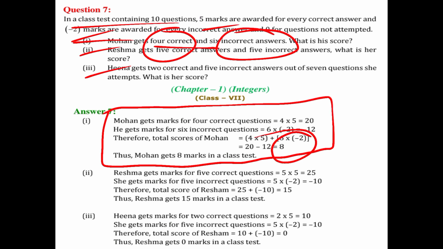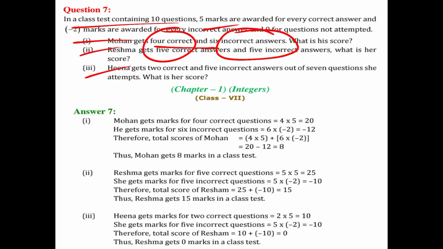Right. Now the second part is: Reshma gets 5 correct answers and 5 incorrect answers. So the number of correct answers and incorrect answers is 5. What is her score? That means Reshma attempted all the questions. 5 of them are incorrect, and 5 are correct.